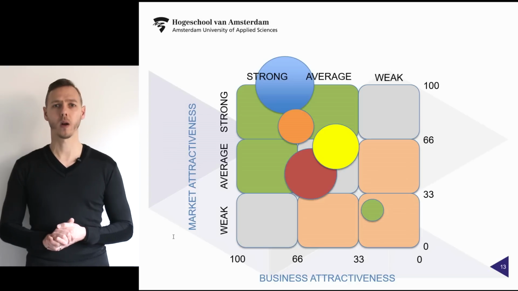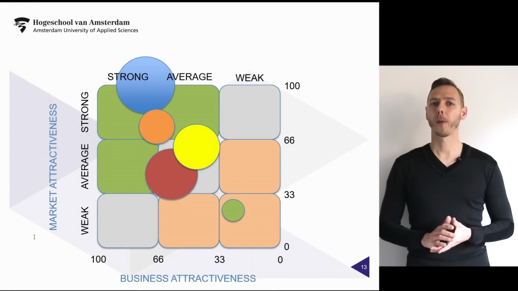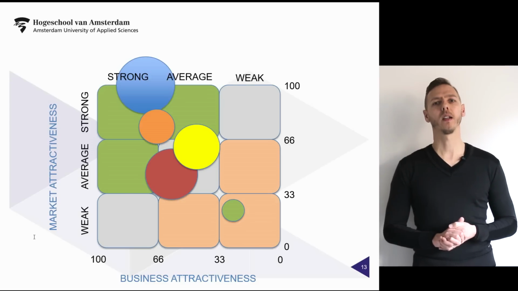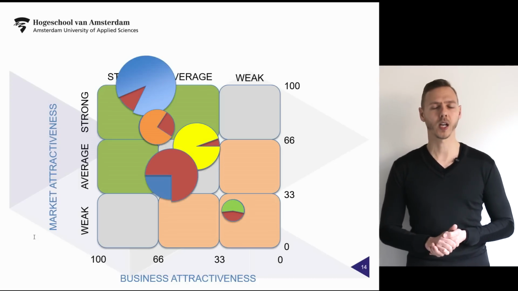Now there is one more thing to do. You also probably have a market share in this certain market. And the market share is something that you can draw by making a piece of a pie. Just see the circle as a big pie, and your own market share is a piece of this pie.